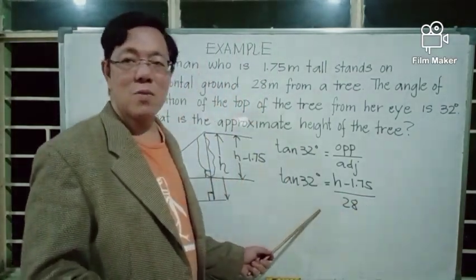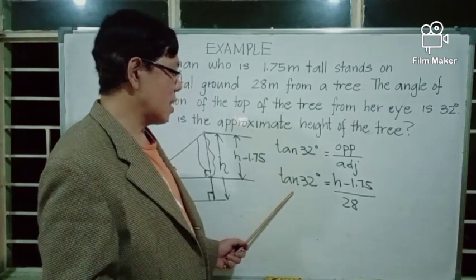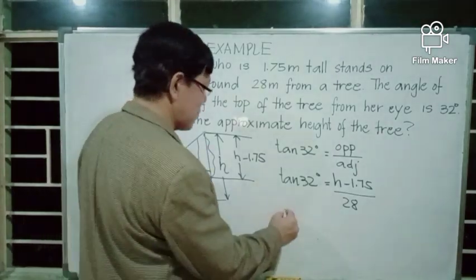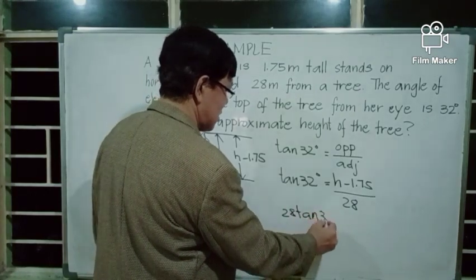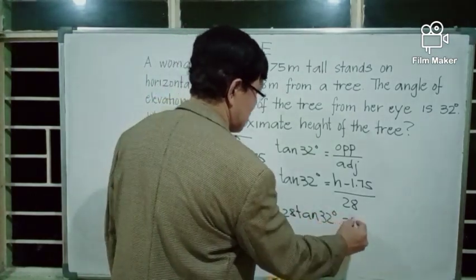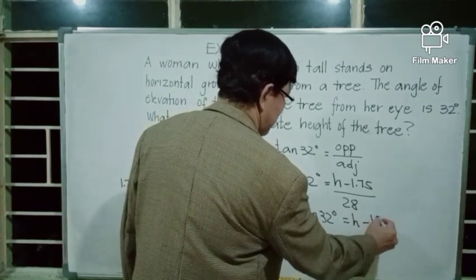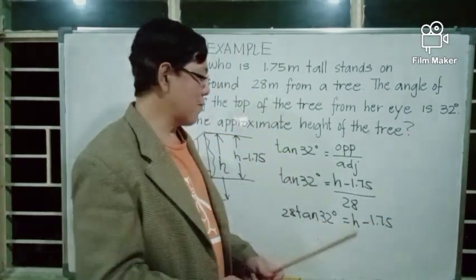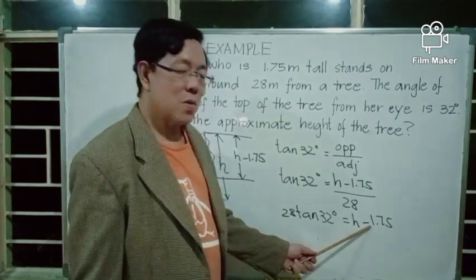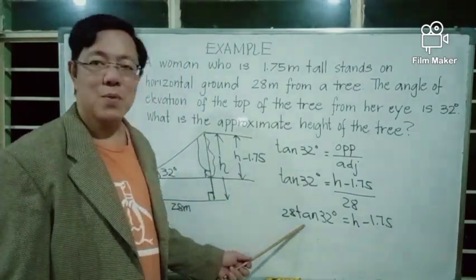And from this equation, we solve for h. Multiply 28 by tangent of 32: 28 times tangent of 32 degrees equals h minus 1.75. And finally, to solve for h, we transpose negative 1.75 to the left-hand side.